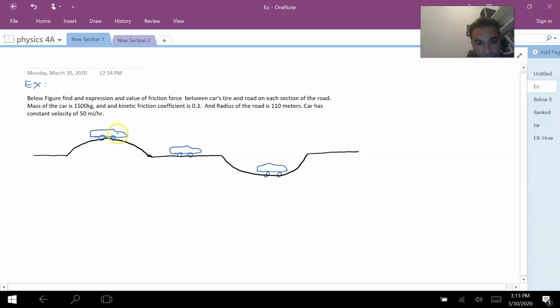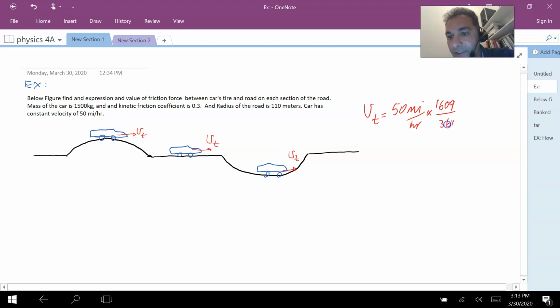Look, guys, your car actually goes by tangent velocity, which is all constant. Okay, so first of all, I have to convert that 50 miles per hour to meters per second. I'm going to multiply that by 1609 divided by 3600.